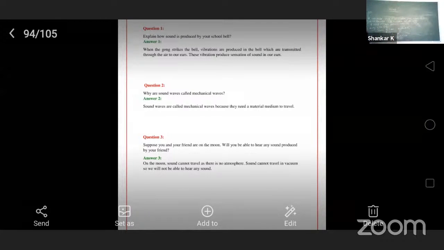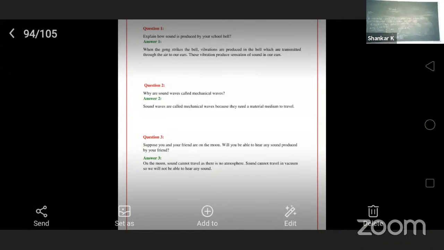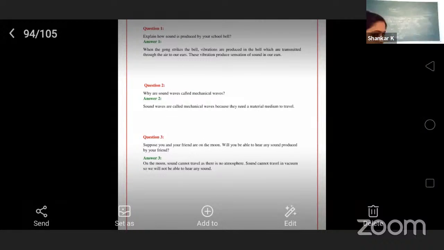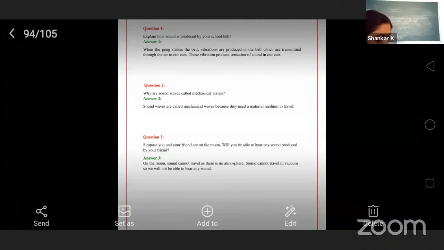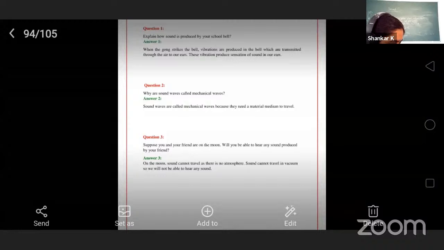Exercise question answers. First page. Ma'am, you will not send exercise and page wise questions, ma'am. I'll send it, but these are very easy.